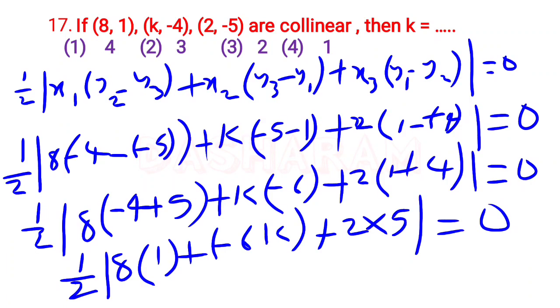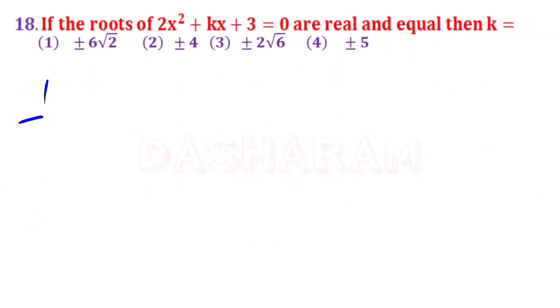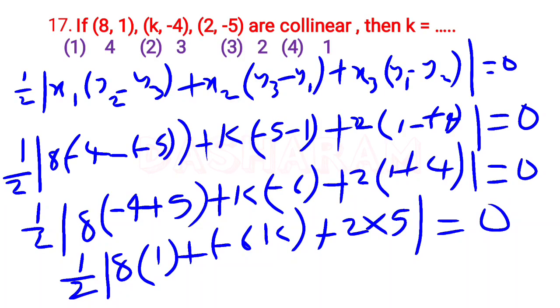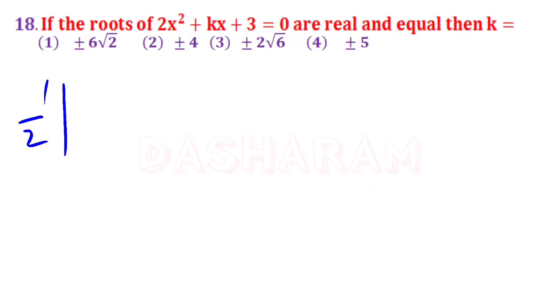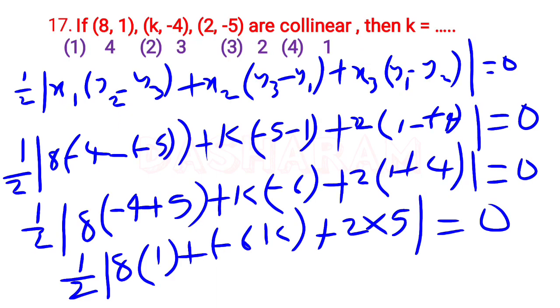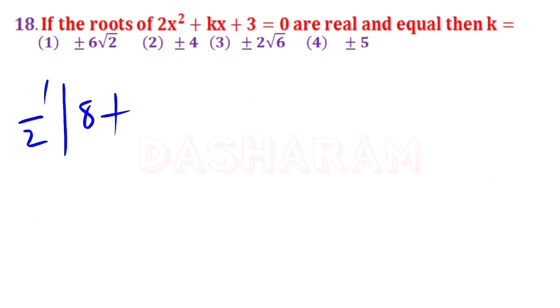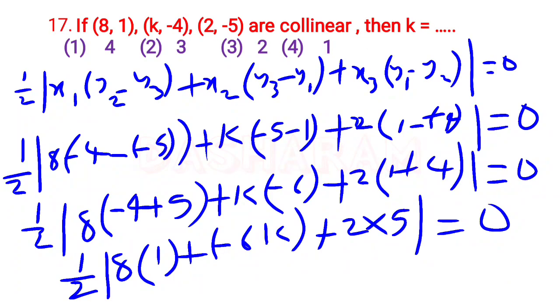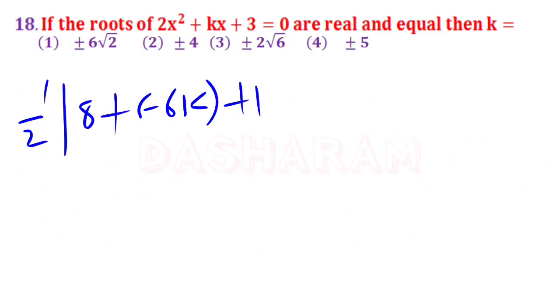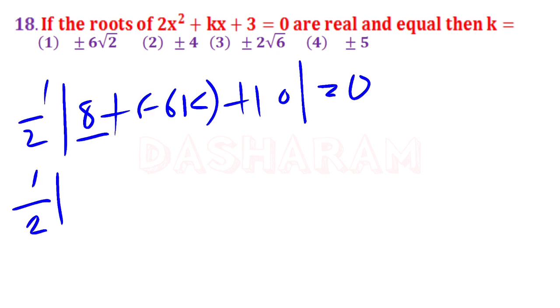So 1 by 2 into mod, 8 into 1 is 8, plus minus 6k, and 2 5s are 10, equals 0. First you add the numbers. 8 plus 10 is 18, plus minus 6k equals 0.